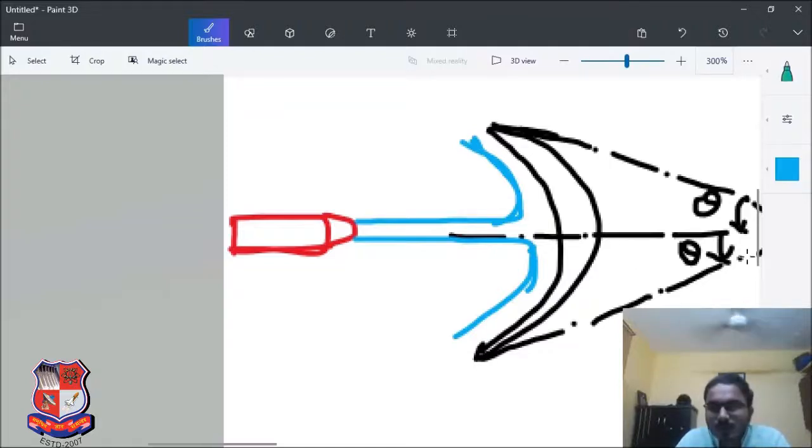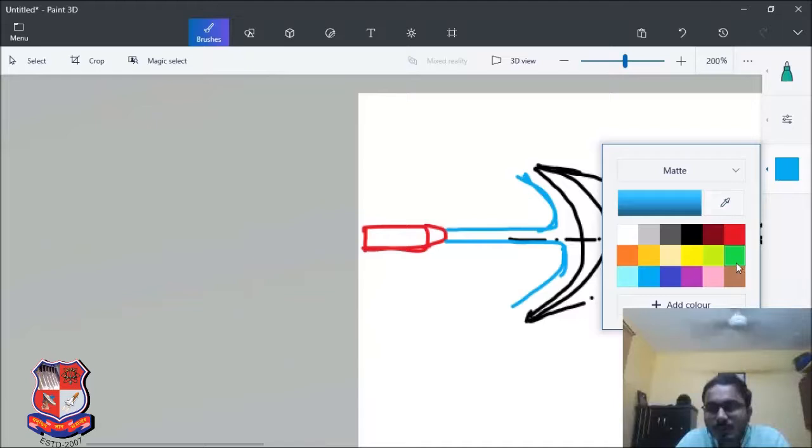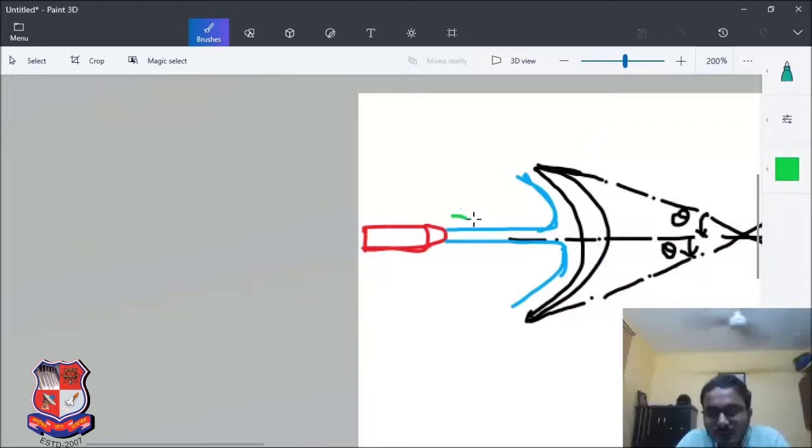Now here the initial velocity will be v, and the final velocity will also be v.